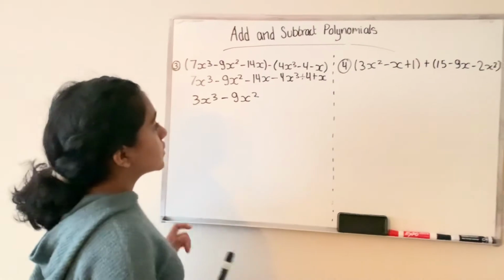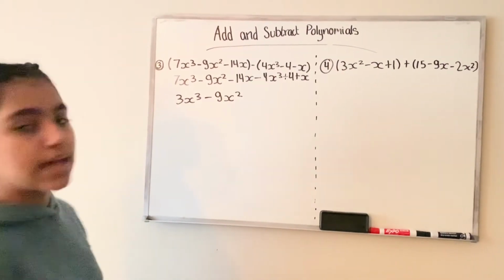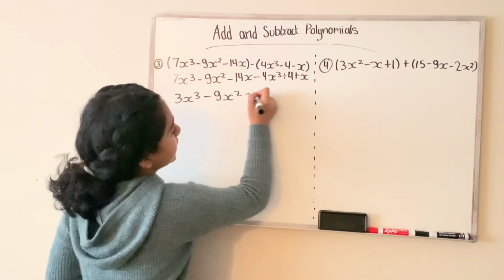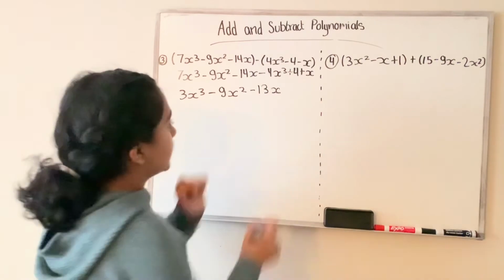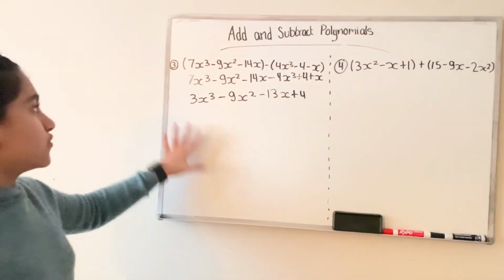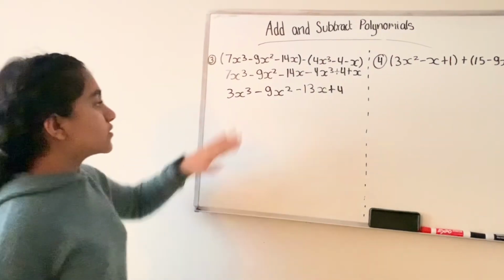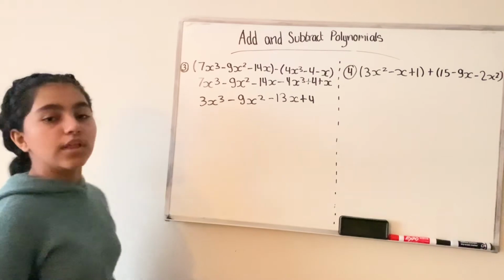And now we're going to combine the ones that have an x. So minus 14 plus x would be minus 13x. And then we have a positive 4 right here, so you would just write plus 4. So this would be our answer for number 3: 3x to the third power minus 9x to the second power minus 13x plus 4.